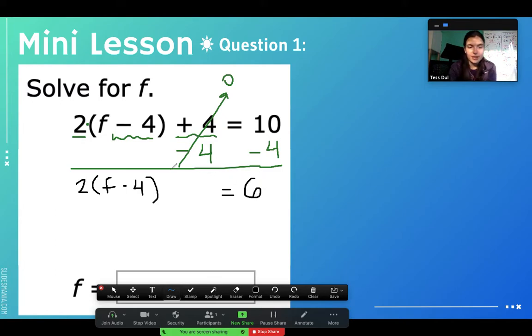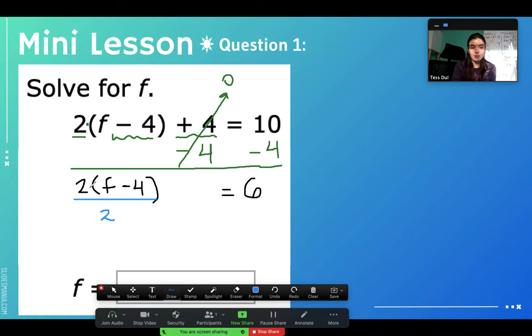Now from here, we have 2 options, just like we were doing with our warm-up with Wanda and Vision, who solved the equation differently. We can either distribute this 2 to both of these terms, or we can divide both sides by 2 right away. And that would be the faster option. So that sounds like the good one to me, but either would work. So if we divide this entire side by 2, 2 times something divided by 2.